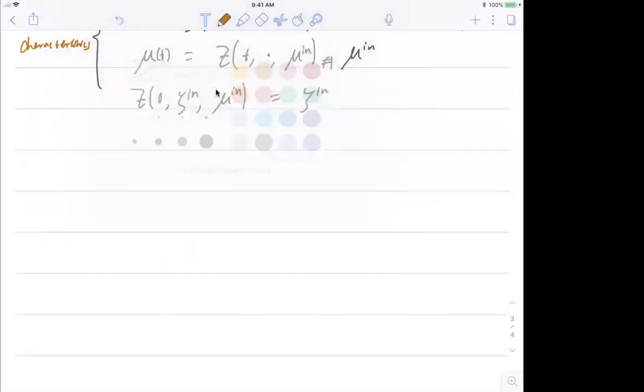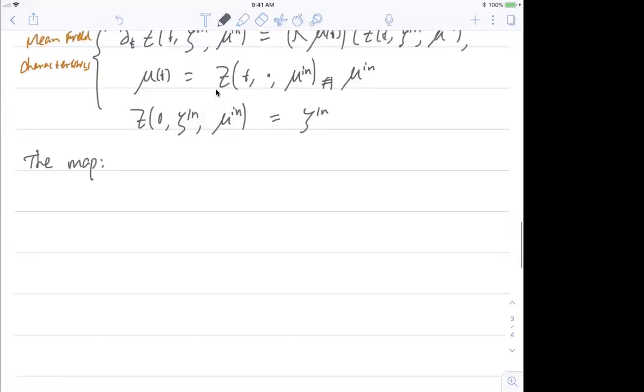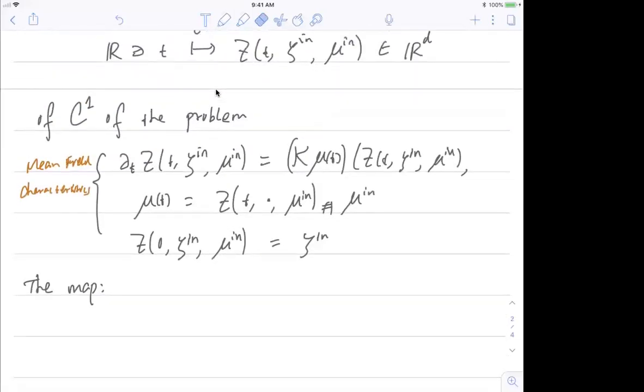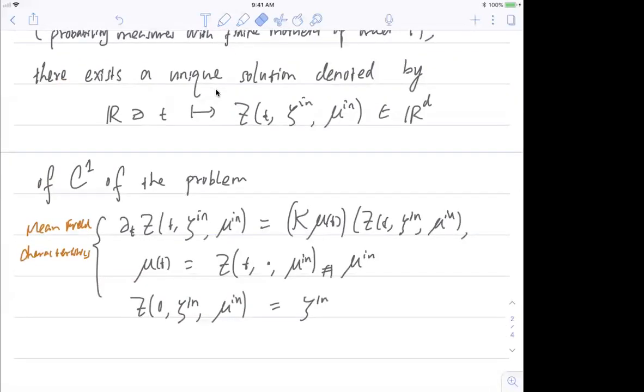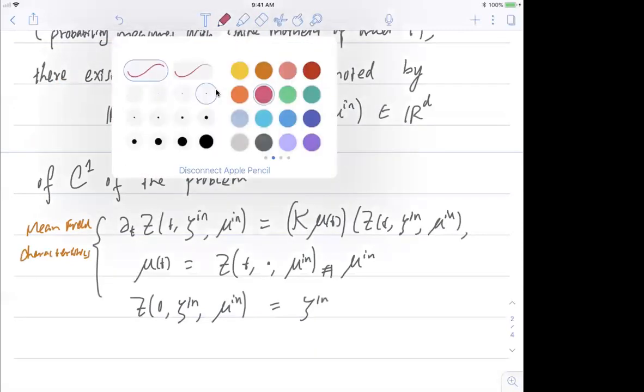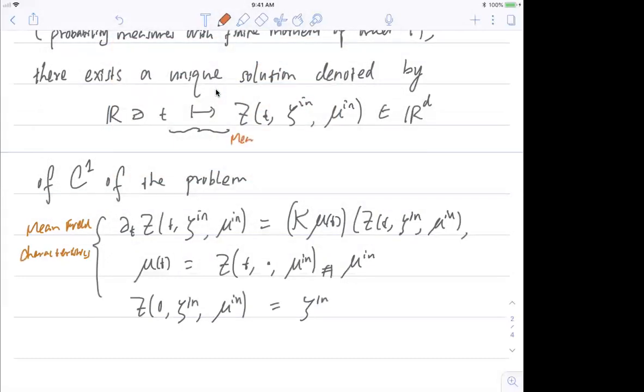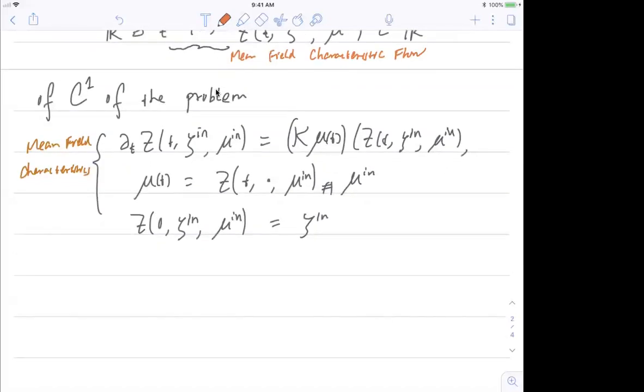So this ODE is called the mean field characteristic flow.